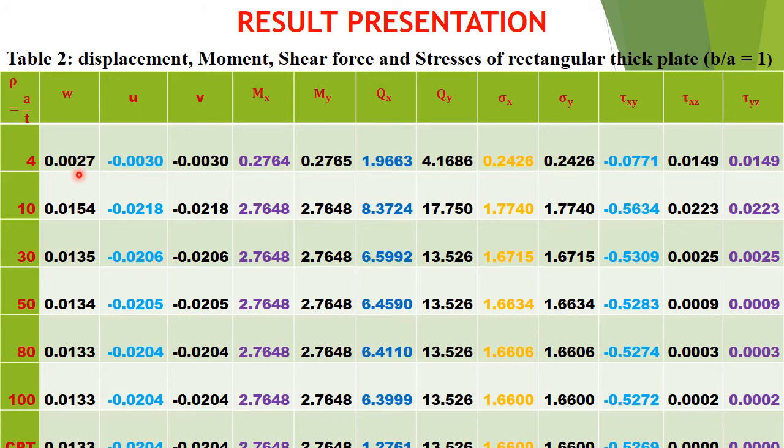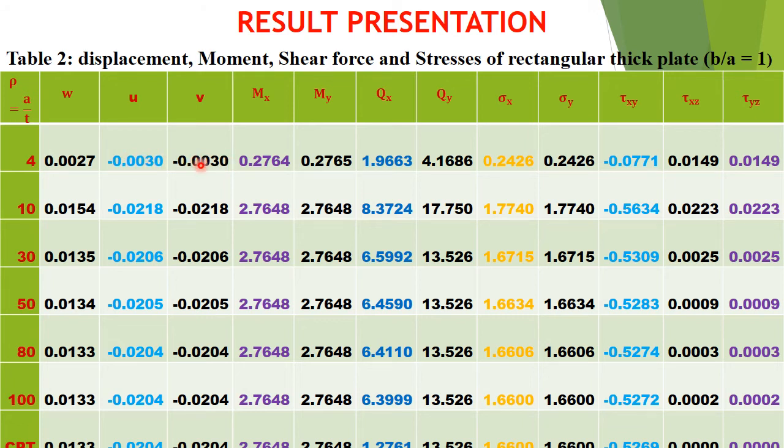So of course we now find out that as we are increasing the ratio of the span to thickness, we find out that our deflection, our shear, the whole displacement, that is the out-of-plane displacement and the two in-plane displacements, are increasing, until we get to a point where they are almost equal to the value of CPT, the value of classical plate theory.